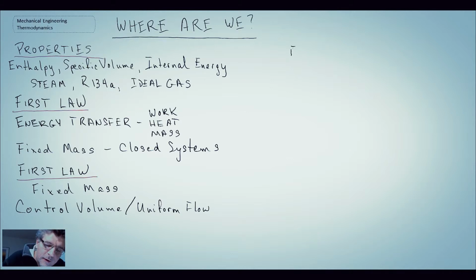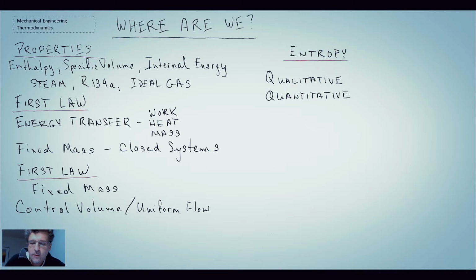Other things we've covered include entropy. We looked at entropy in two different ways: from a qualitative perspective, that is, what is entropy conceptually, and from a quantitative perspective, looking at things such as entropy balance and entropy generation.